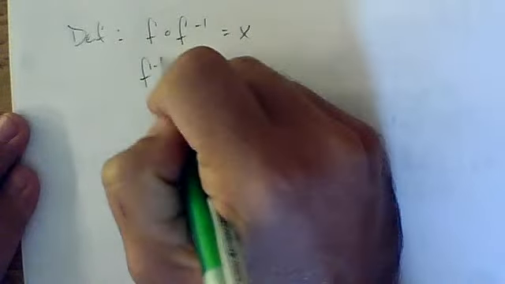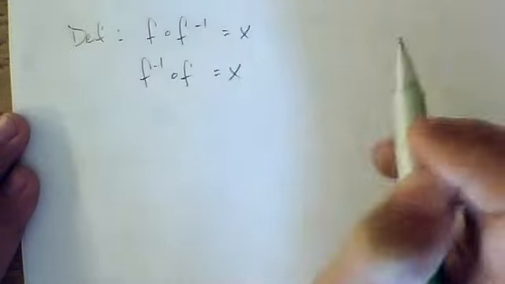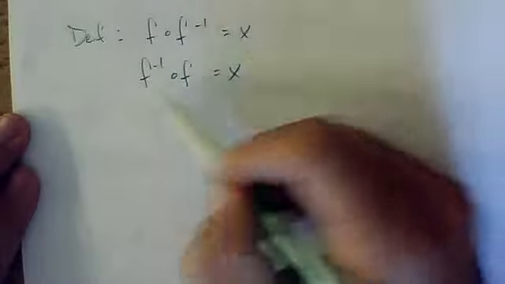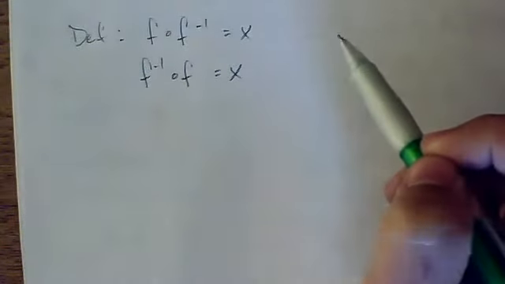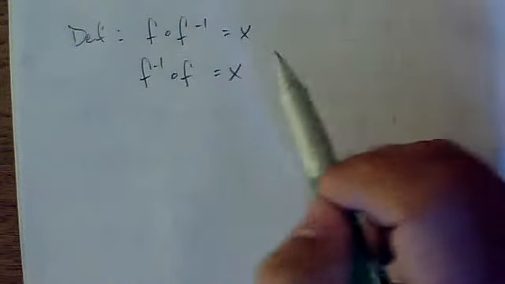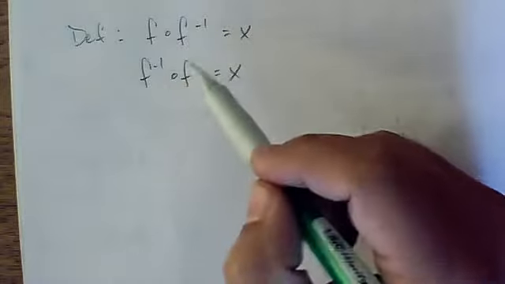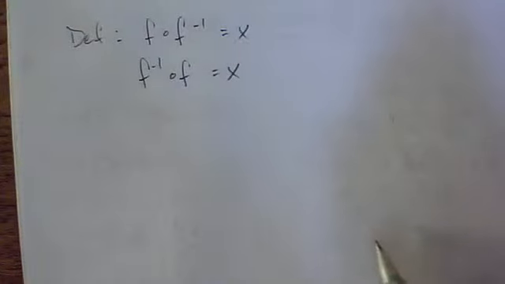And then if you find f inverse of f, that'll equal x as well. Whenever you can apply both of those rules and you simplify it down and you get x for both of those, then that tells you that the two functions are inverses of each other. So we're coming back to a composition of functions. Hopefully you haven't forgotten what we worked on a couple weeks ago.